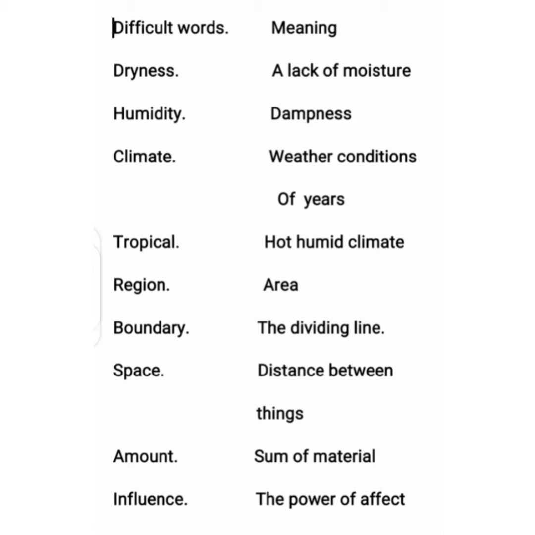Here you can see. Let's read them. Very first one is dryness, a lack of moisture. Humidity, dampness. Climate, weather conditions of years. Tropical, hot, humid climate.